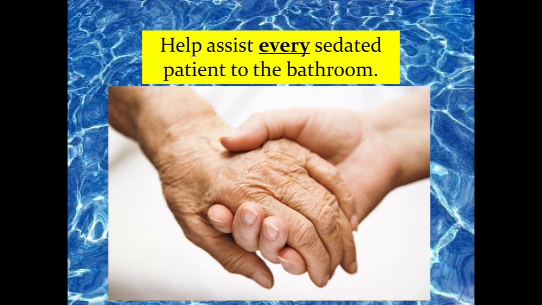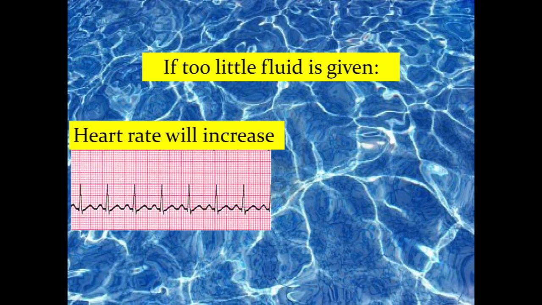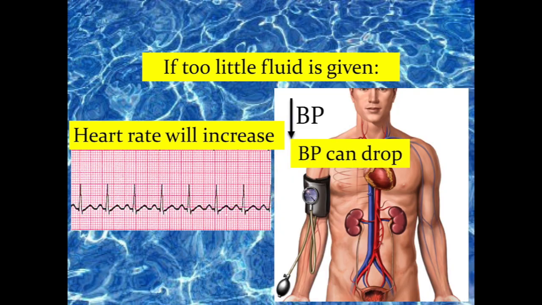If too little fluid is given, we'll see this with the NPO status, that heart rate will be increased for sure. So they have tachycardia. Their blood pressure can drop. The heart rate increases to try and get blood to the brain. And if their blood pressure drops, the heart is going to go even faster.